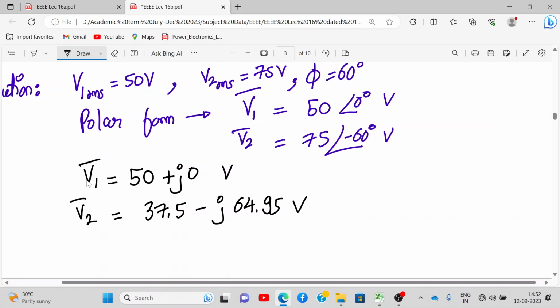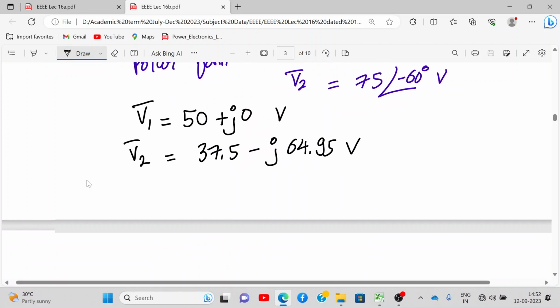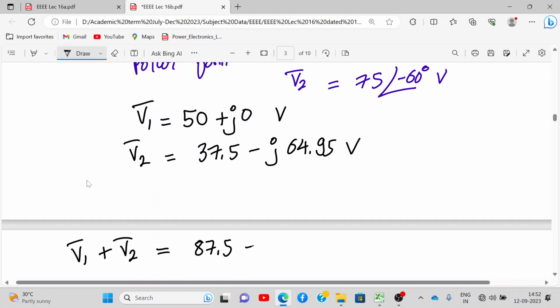Are you getting these answers? And now please add them together. So V1 plus V2 will be 87.5 minus j 64.95 volt.